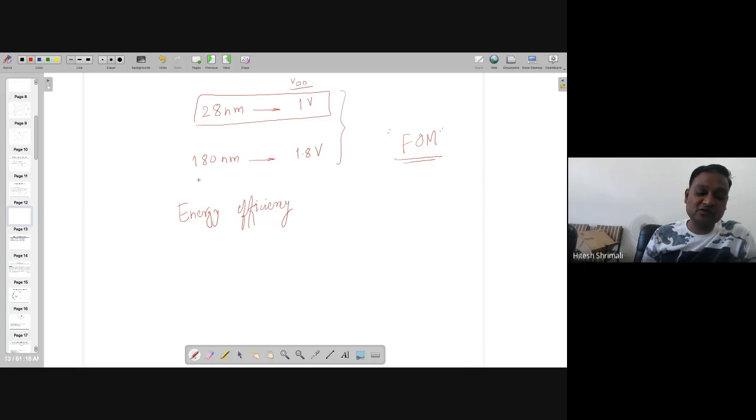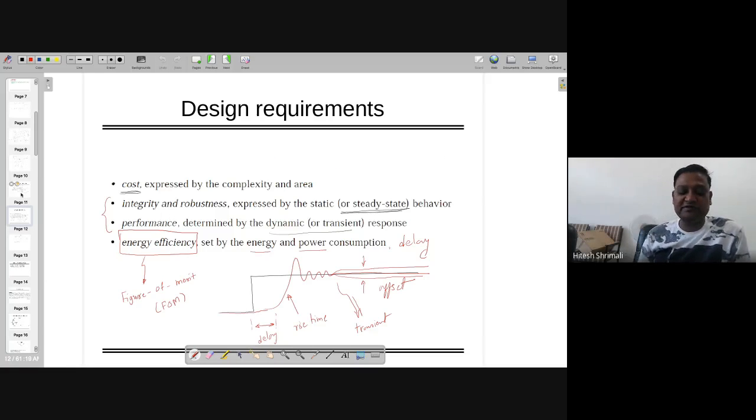However, if you are just qualifying your technique, sometimes the technique works. So technique wise, if it is a good technique, maybe you can compare that technique with the older technology, and you can qualify whether that technique is good or bad on the basis of figure of merit or energy efficiency. So that's what generally we are doing, right? So these are the design requirements when you are starting with any design.